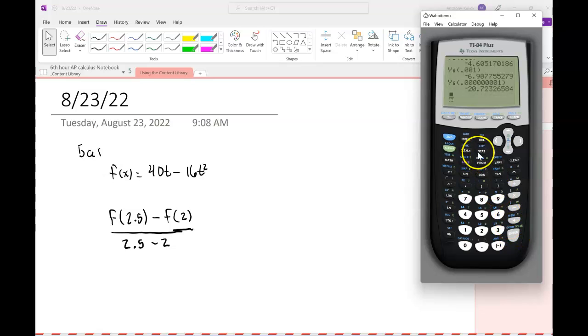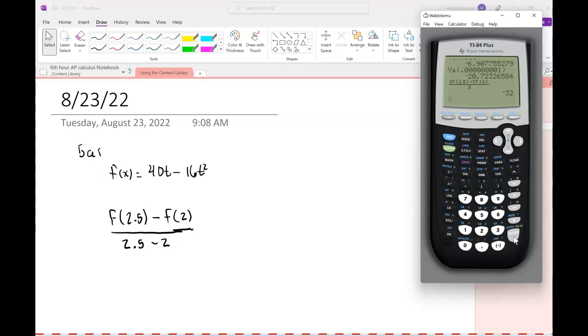And in the main screen, I can just input this. So I don't have to worry about typing all that mumbo jumbo over and over and over again. So I get negative 32.